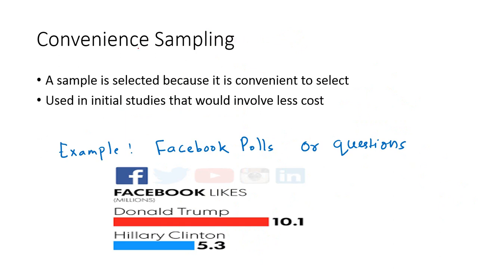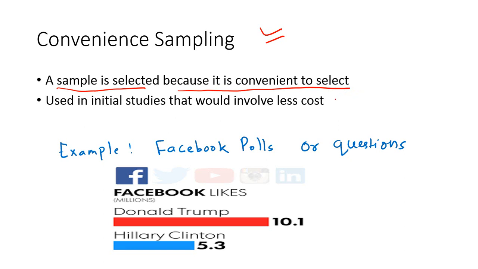The first one is convenience sampling. In convenience sampling, we use elements from the population which are very convenient to select. So a sample is selected just because it is convenient to select from the population.